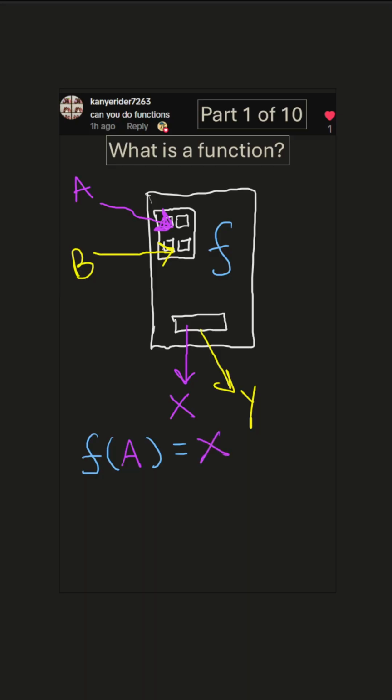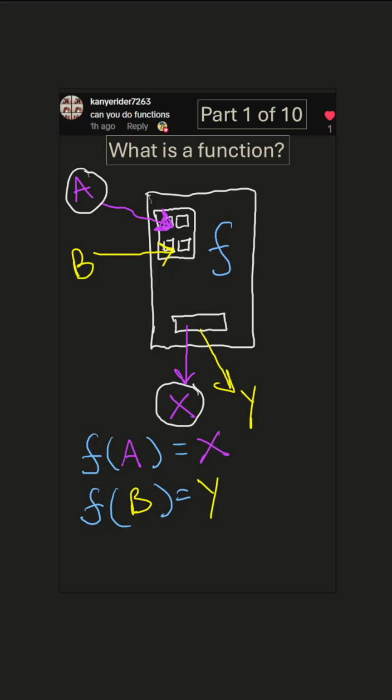And another example. Timmy pressed button B, and he got his snack Y. So that's all that a function does. It takes some kind of input, and it gives you exactly one output.